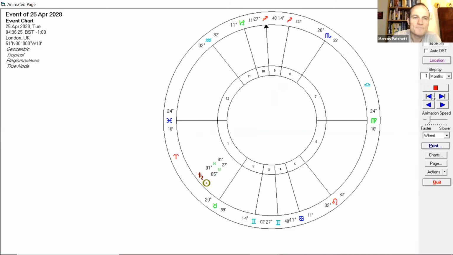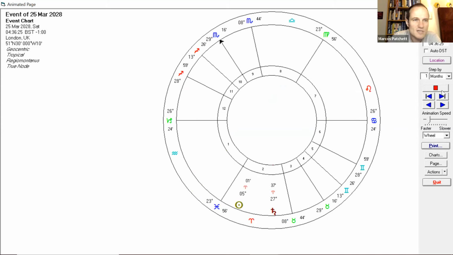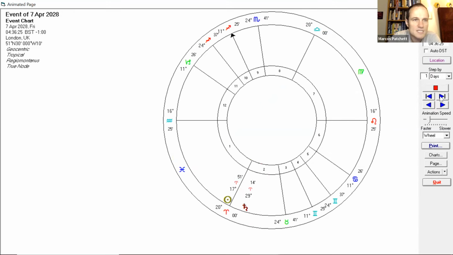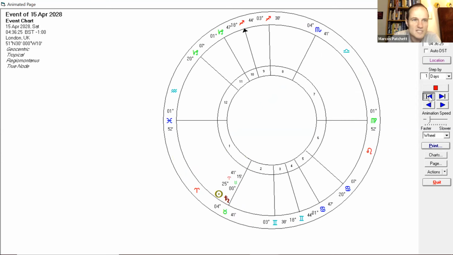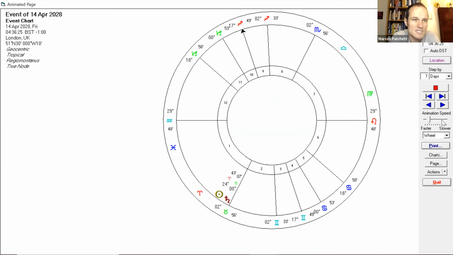So between the 25th of May 2025 and the 14th of April 2028, to be precise, for a bit of that time Saturn will dip back into Pisces, but overall Saturn's going to be in Aries. So for anyone who has their sun in Aries, Saturn will be conjunct or conjoining the sun.